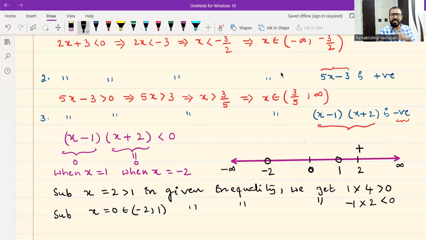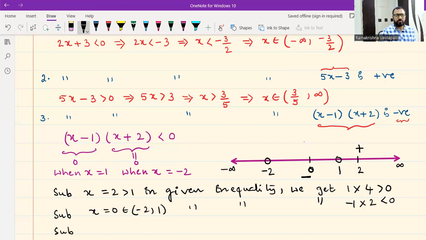So in this way, if you substitute any number between minus 2 and 1, the given expression is negative. So keep the negative sign below the real line. Now finally, you have to take any number less than minus 2.